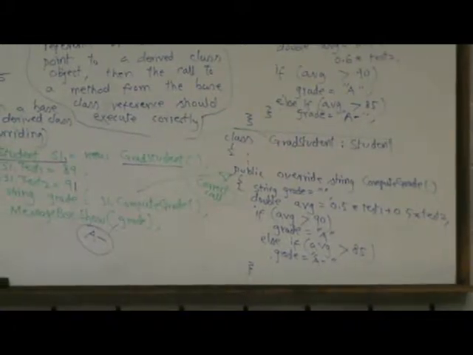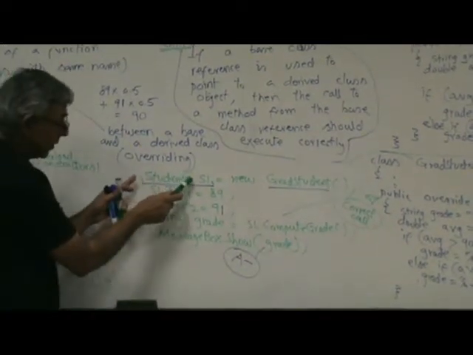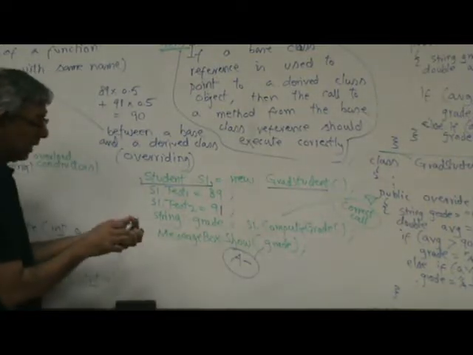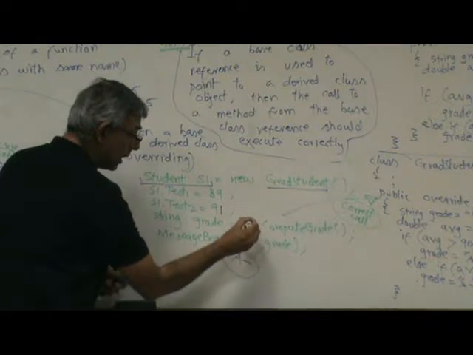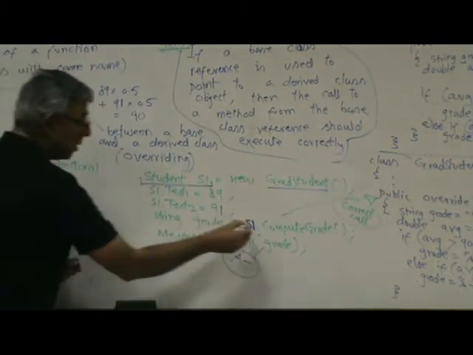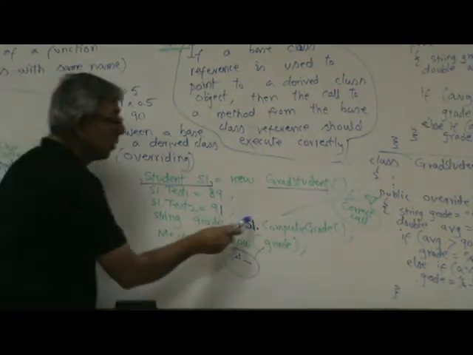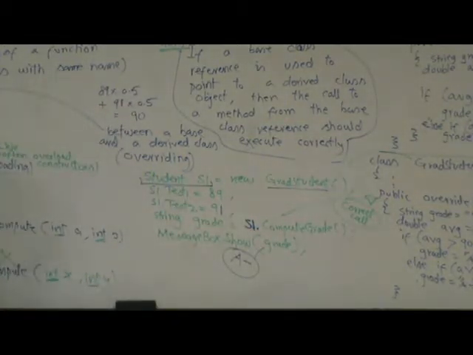So if we strictly go by the compiler as we discussed, remember the compiler basically checks, once we make the call s1.ComputeGrade, what type is s1. What type is s1? It's a student. So the compiler's decision normally will be to call the compute grade in the student, but that will be the wrong call in this case, right?